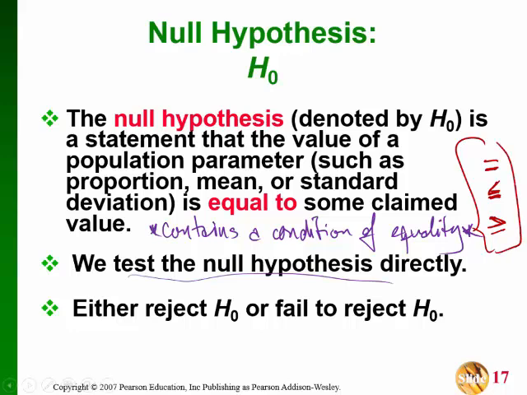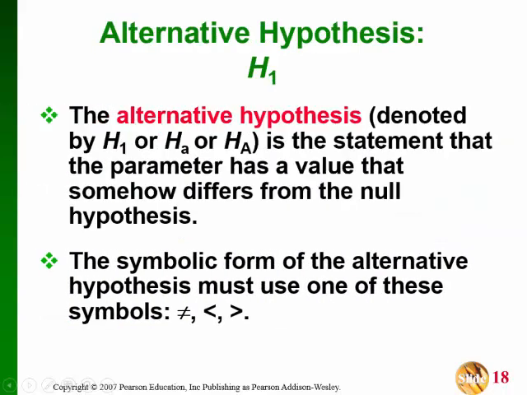Now, these three and these other three are the only 6 possibilities we have when we're comparing things, right? So we've essentially exhausted all our possibilities for comparing a parameter with a numerical value.